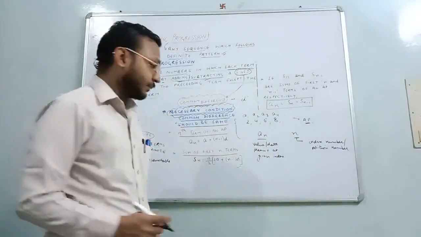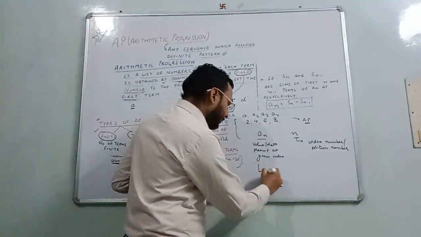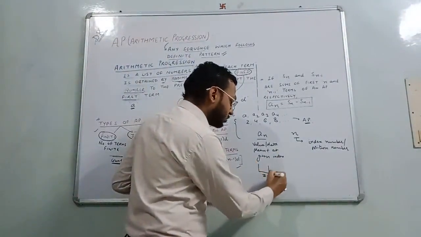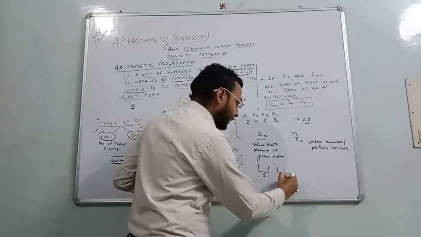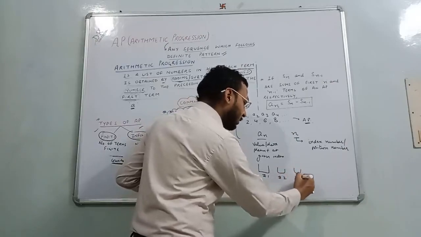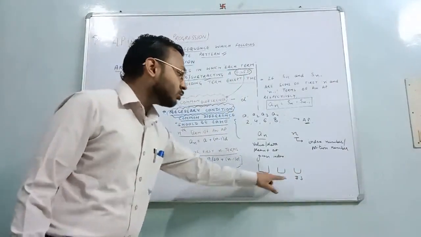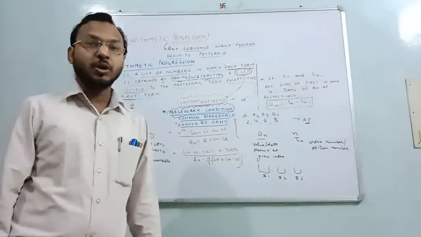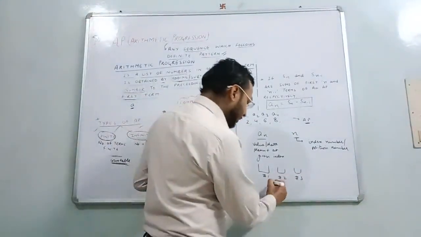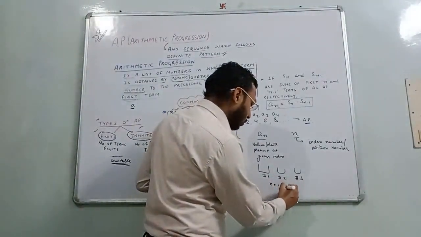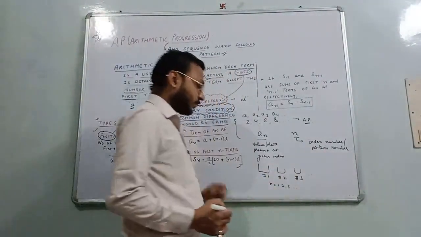Let us take an example. For example, this is house number 1, this is house number 2, this is house number 3 and so on. These house numbers are the index numbers, or you can say position numbers. So these values are n: 1, 2, 3 and so on.